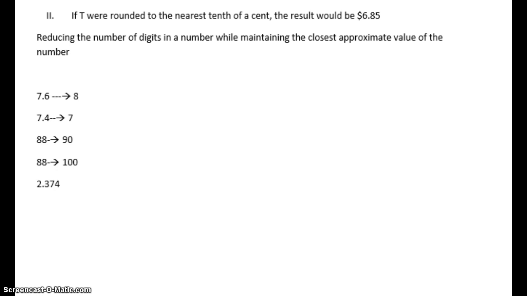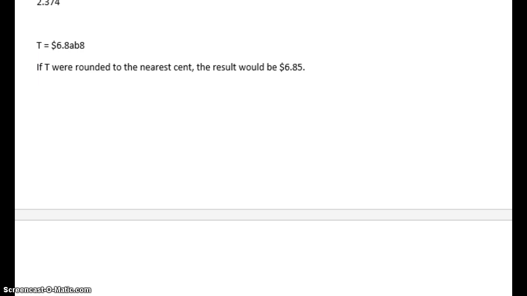T equal to 6.8AB8 dollars. Cool. What does the first statement tell us? If T were rounded off to the nearest cent, the result would be $6.85. Okay.